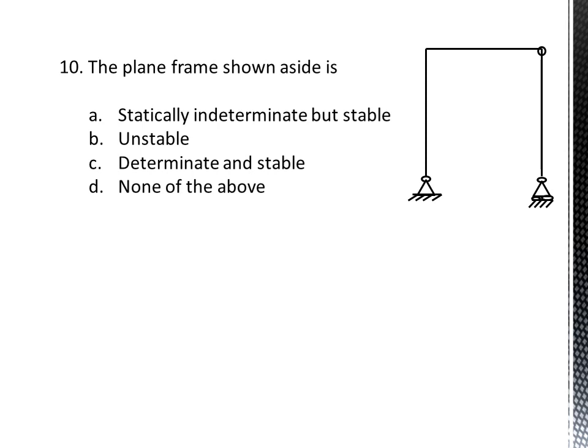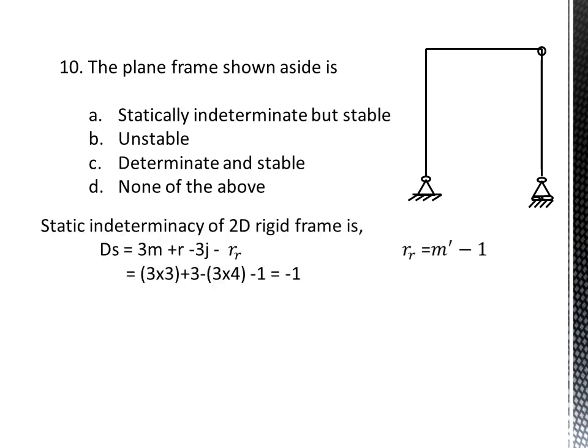Firstly, to understand whether the structure is determinate or indeterminate, or whether it is stable or unstable, first we have to calculate the degree of static indeterminacy. The degree of static indeterminacy for a 2D rigid frame is given by ds is equal to 3m plus r minus 3j minus rr.